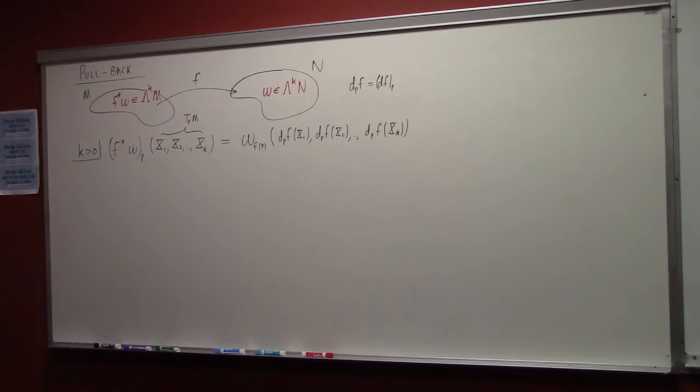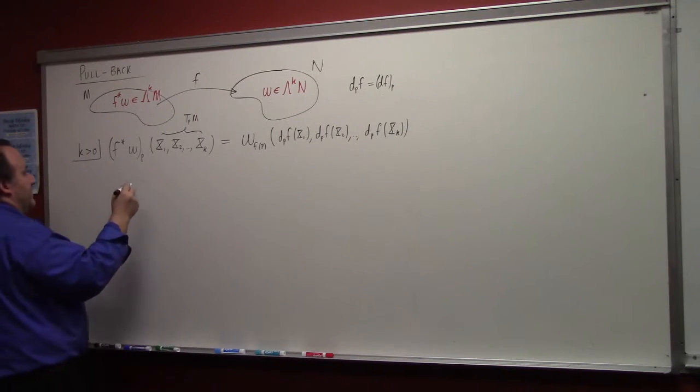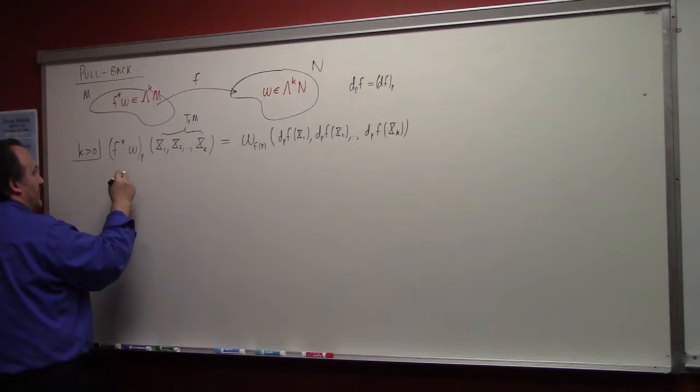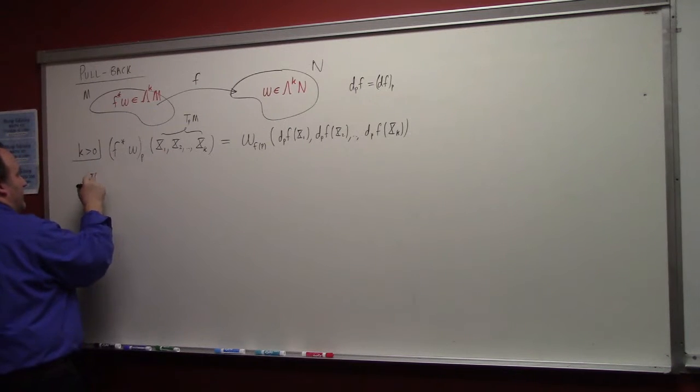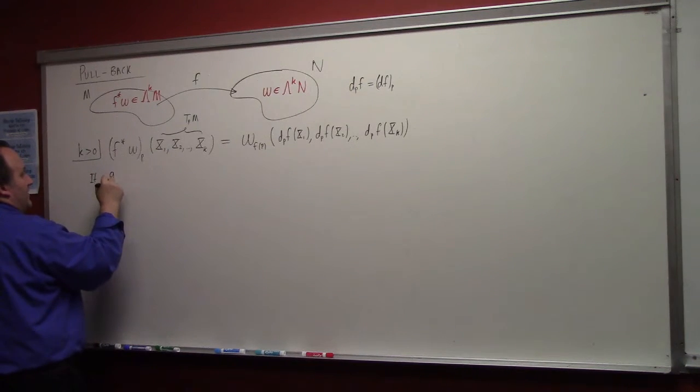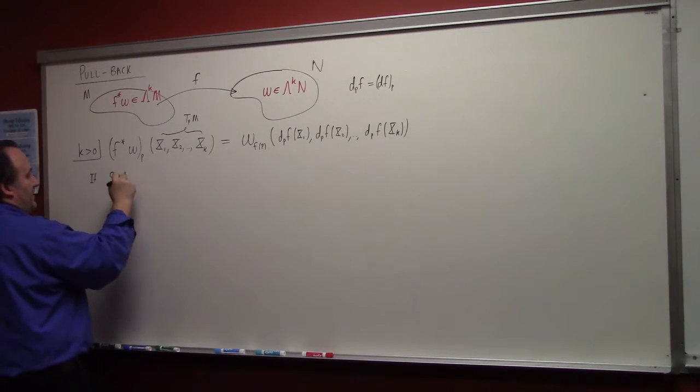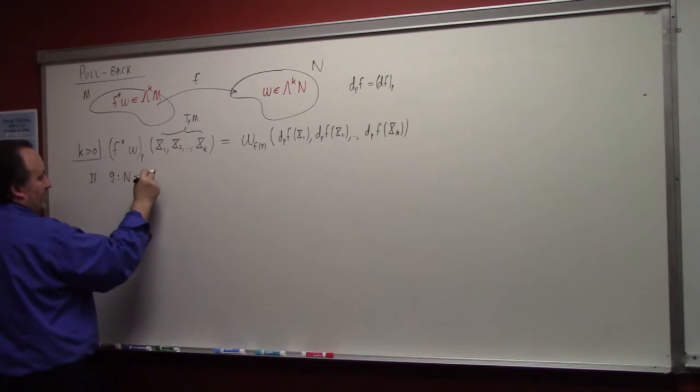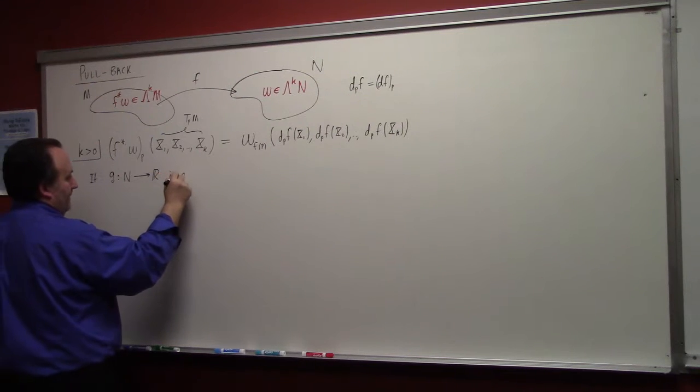All right. Now, what about a zero form? What if we had a zero form? Let's say g, which would be what? G would be a function from N to R, right, is a zero form.